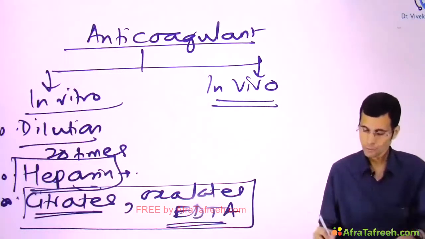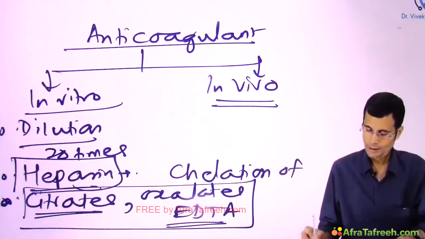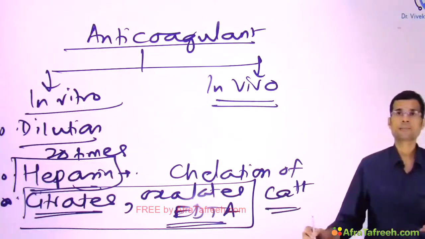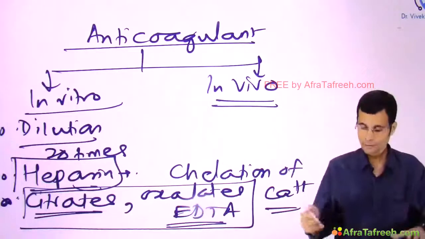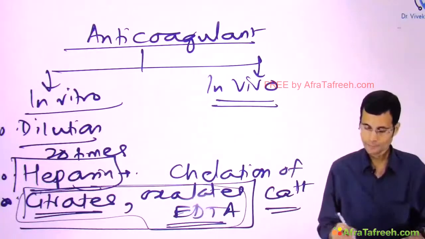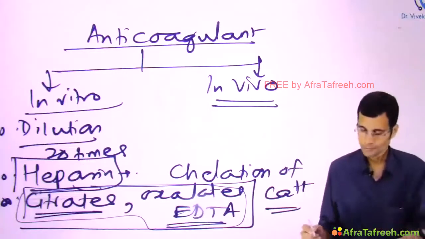How do they act? They act by chelation of calcium. Calcium is chelated in the blood. As we have seen, calcium is needed for each stage of each step in coagulation. So these factors chelate the calcium. Calcium is not available, and clotting will not occur.